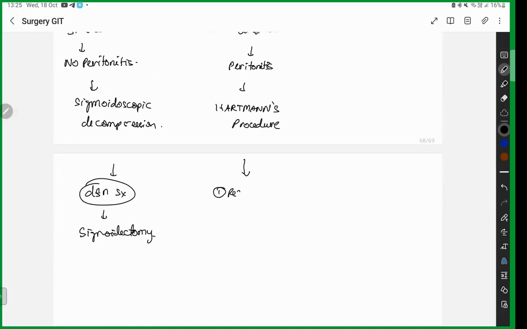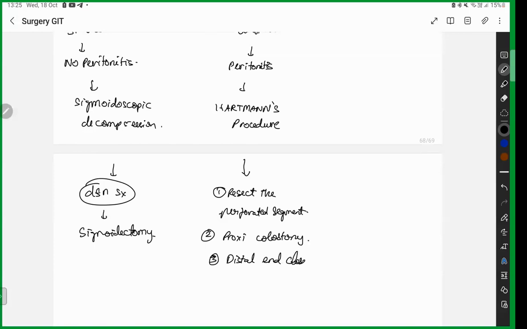Number two, you do a proximal colostomy. And number three, you do distal end closure, and you keep it inside. This is what you're going to perform in case of your sigmoid volvulus.